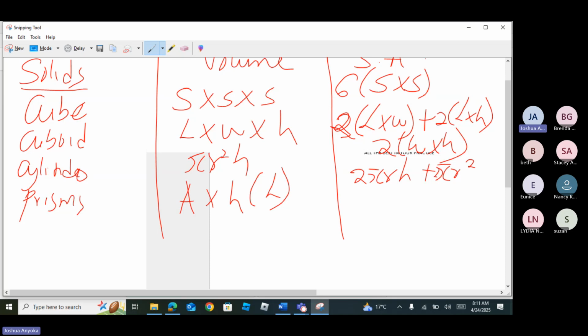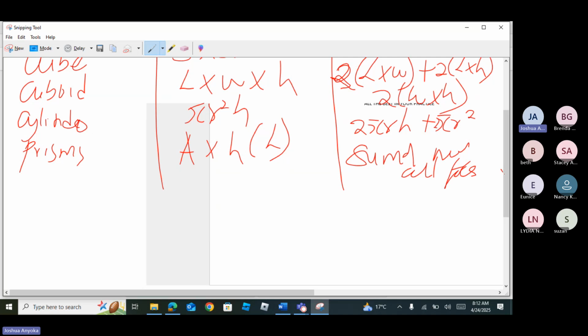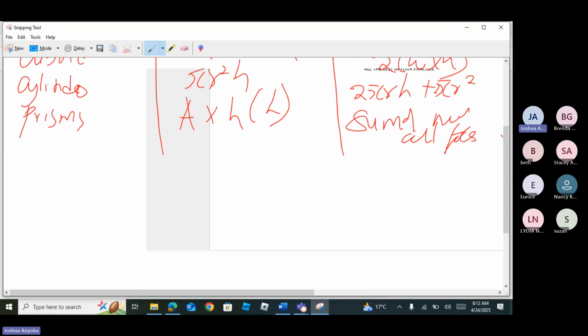And surface area, it will be 2 times the area of the cross-section plus the sum. Let's just not restrict ourselves: the surface area is the sum of areas of all faces. You look for all faces and you find the sum of every face.